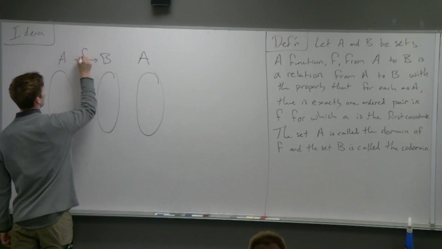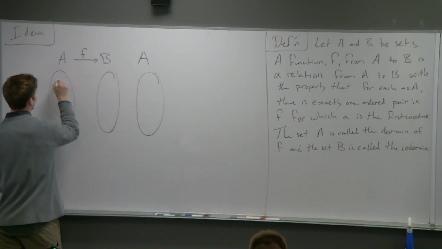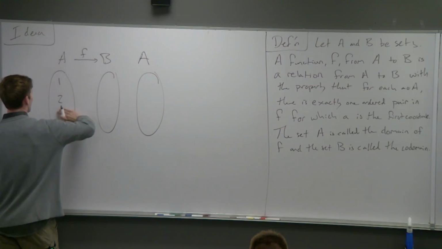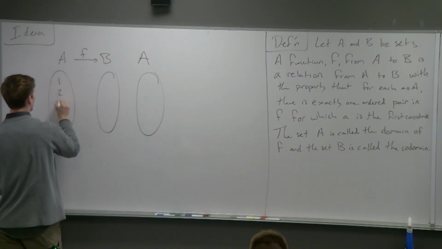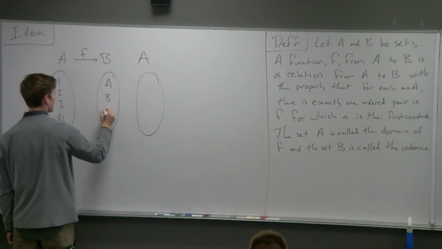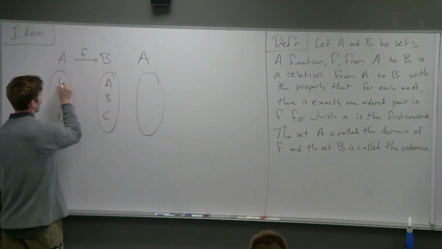So if I have a function f here, and I go, say, maybe let me make this a little bit bigger. And then A, B, C, just A, B, C, how about?